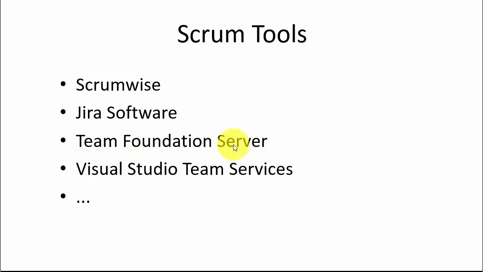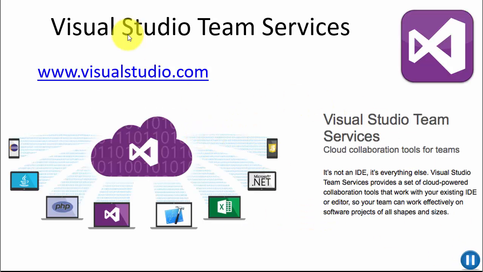Those are made by Microsoft, and the Visual Studio Team Services is a web-based tool that we will show some demos of in this video. But we also have lots of other tools that can be used. We will use the Visual Studio Team Services as an example in this video. You can create an account and use it for free from this website.